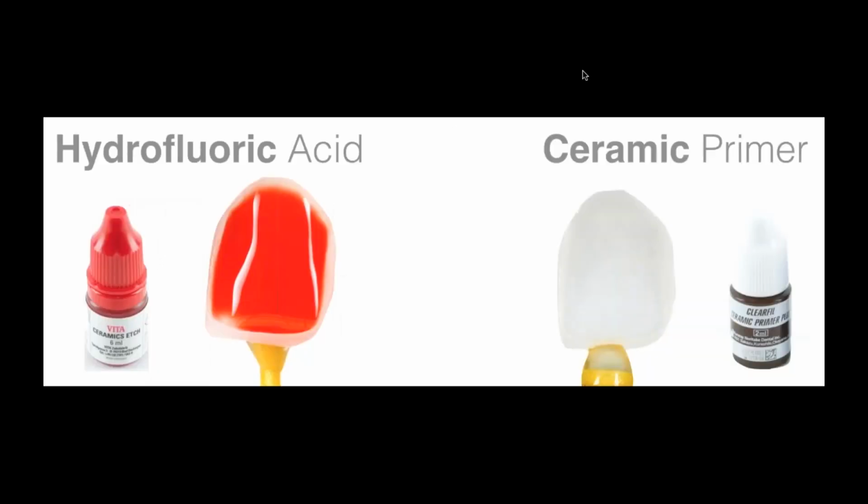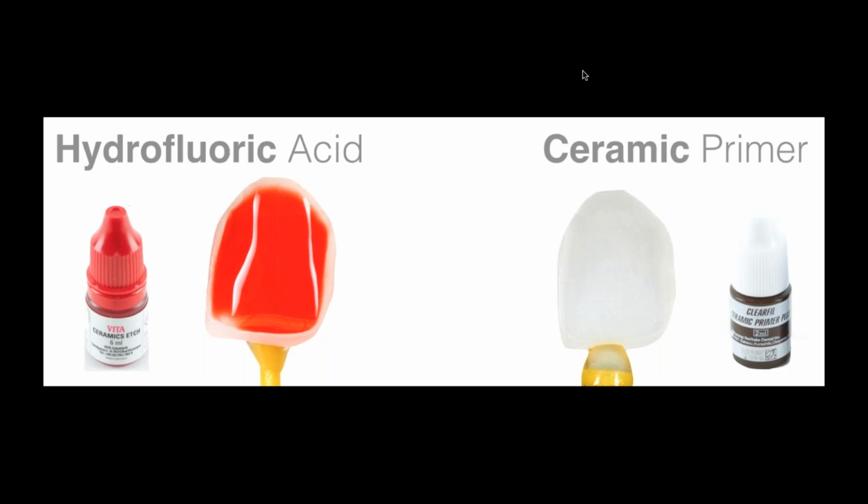As I said before, the V-Dynamic hybrid ceramic was basically a feldspathic block with infiltration of composite. We needed to etch with hydrofluoric acid for 1 minute, and of course that's the same treatment we need for the feldspathic ceramics. We need 1 minute to make sure that we remove that high glassy content to have those crystals exposed.